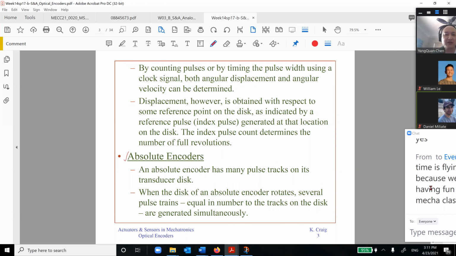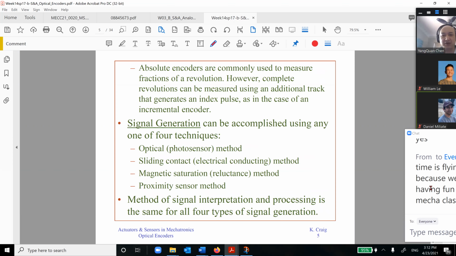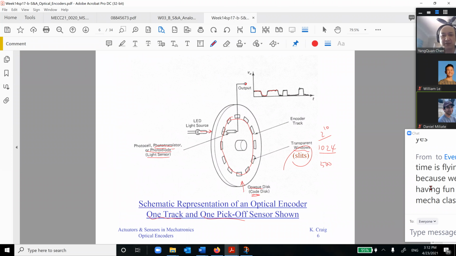So what is an absolute encoder? We're going to see an example of that. It's probably easy to take a look at a picture here. Suppose you have a disk. This disk is opaque, not transparent, but they open those windows.